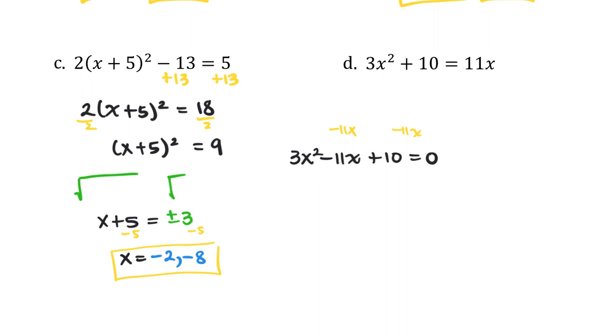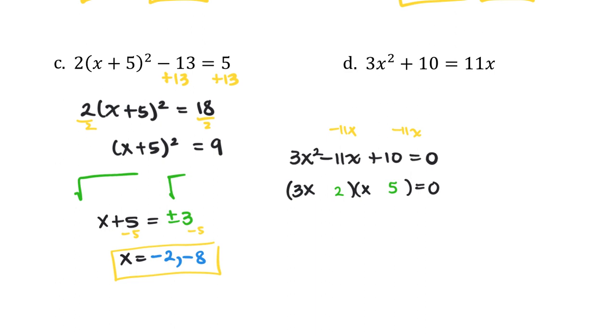Is there a common factor? No. Okay, so I'm just going to guess and check. You can group x, box. Let me just guess. Let's try 2 times 5. Let me think. 3x squared, 15 and x and 2x. That's not going to give me 11.